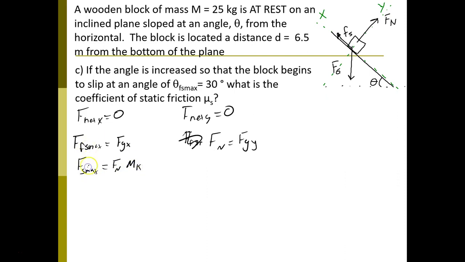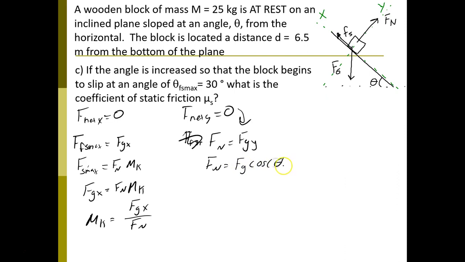Because these are both the same thing, Fgx is equal to my normal force times the coefficient of static friction. Or the coefficient of static friction is equal to the force of gravity in the x direction divided by my normal force. But I need to know my normal force, which I find using the F net y equation. I know my normal force we determined earlier is equal to Fg times the cosine of whatever theta max is.